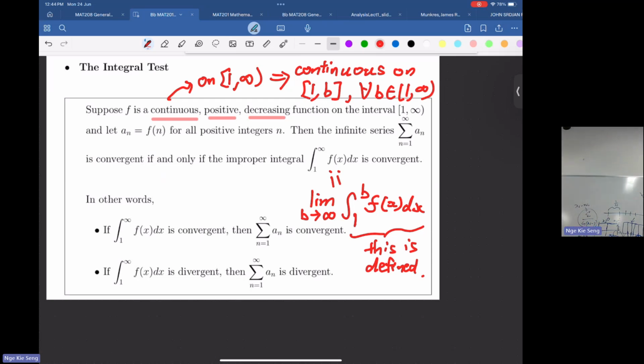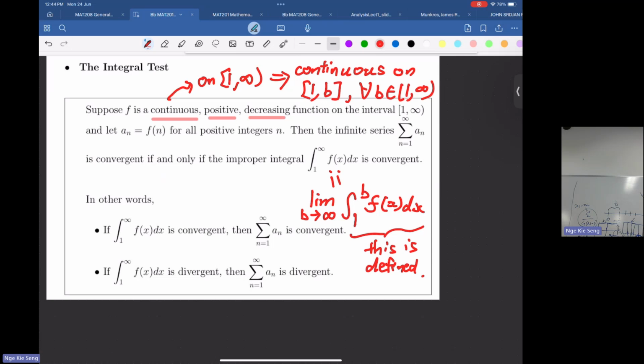So what's the picture here? What's the picture for this integral test? When I speak about these adjectives, you should think about what this function could look like from 1 to infinity. Can everyone see up to here? This line.